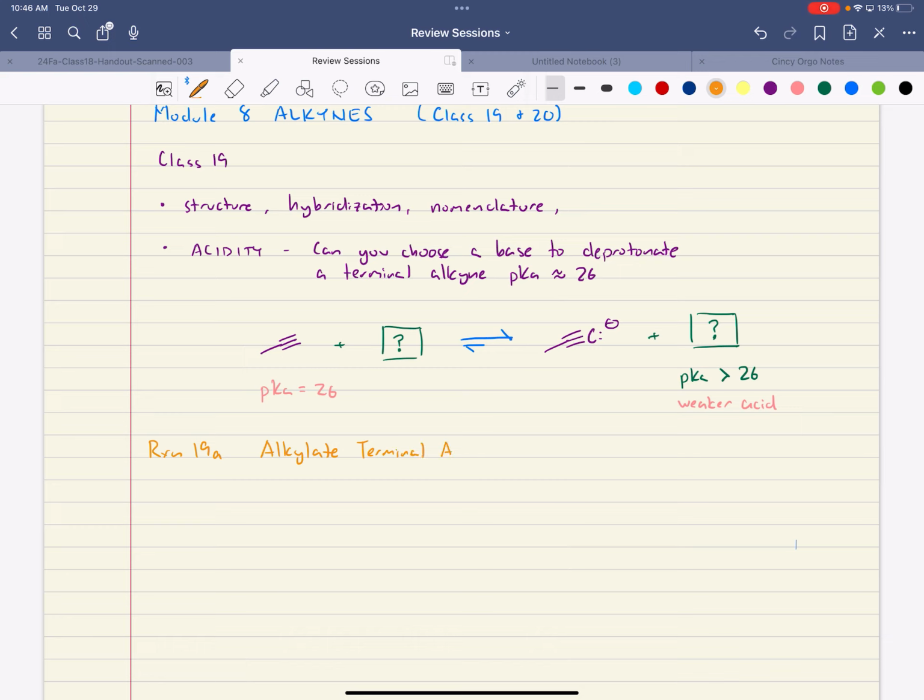Alkylate a terminal alkyne. This is useful because if your target has more carbons on it, then maybe you're adding those carbons through this reaction. Okay. And so, for instance, we'll try something like this actually.